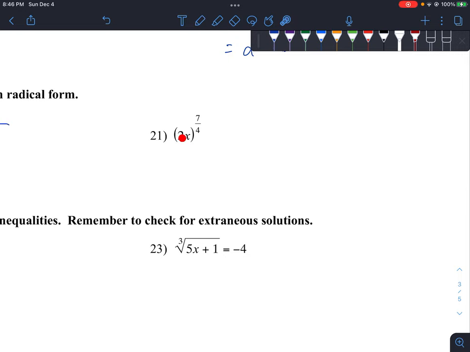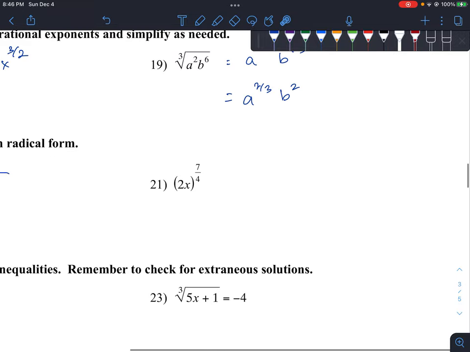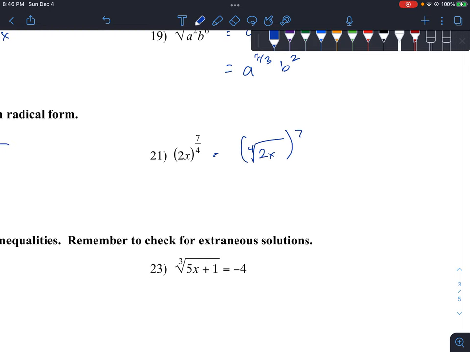And then here, notice that this is in parentheses. This is in parentheses, so that means the whole thing has to go underneath the radical. So this is going to be equal to the fourth root, because that's my denominator, of 2x, and then raised to the 7th. Now you could have also written this as the fourth root of (2x) to the 7th.